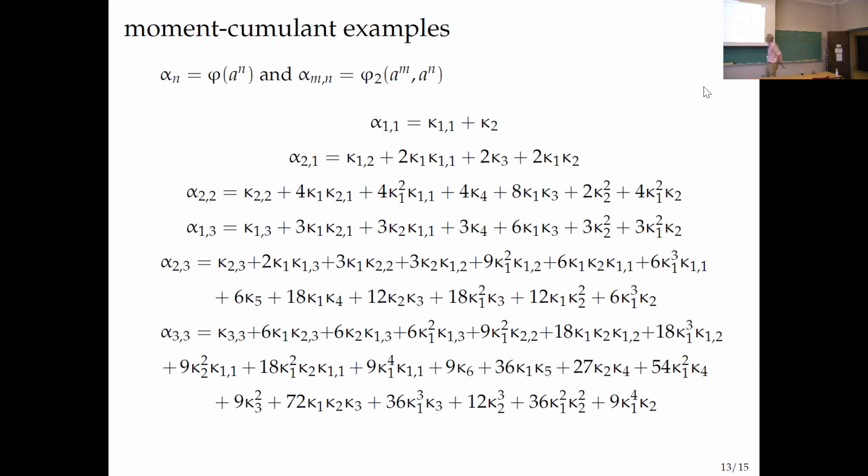But what it shows you is, for example, alpha 1,1, that's the second order moment, is a second order cumulant, kappa 1,1, plus kappa 2, which is a first order cumulant. And why doesn't it have kappa 1 squared? Kappa 1 squared would correspond to a block of size 1 on each cycle, but no connections. And we're only doing the connected things. So you must join them together, and that gives you a kappa 1,1.